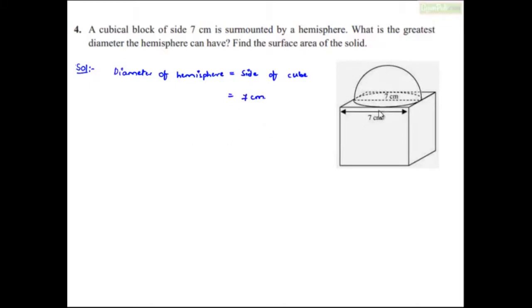Now he is asking what is the surface area. The total surface area required can be obtained by adding the surface area of the cube and the hemisphere, then subtracting the surface area of the base of the hemisphere.